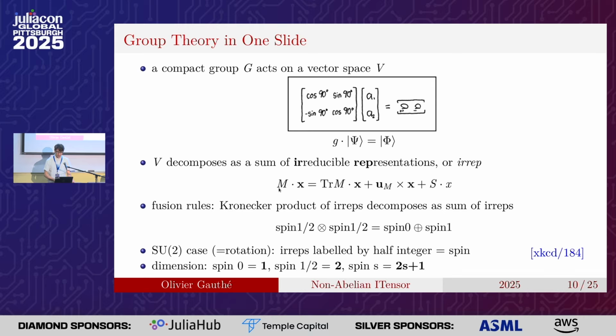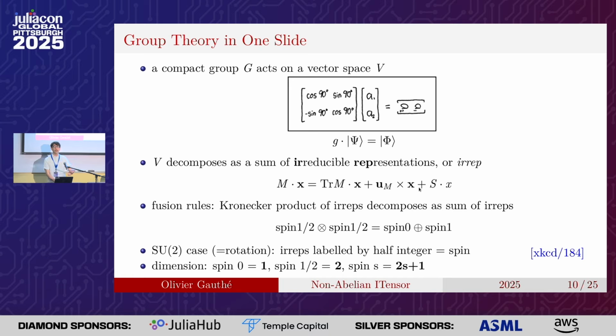Let's consider a 3x3 matrix acting on a three-dimensional vector. I can decompose this matrix as its trace, plus the cross product of one vector that is defined univocally by the matrix, plus this object that is a traceless symmetric matrix. So this is just one decomposition as trace plus antisymmetric part plus symmetric part.